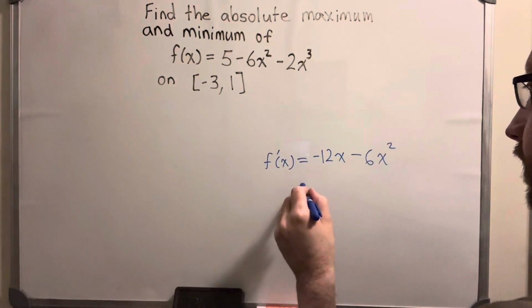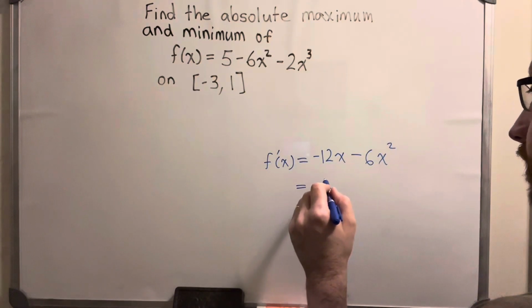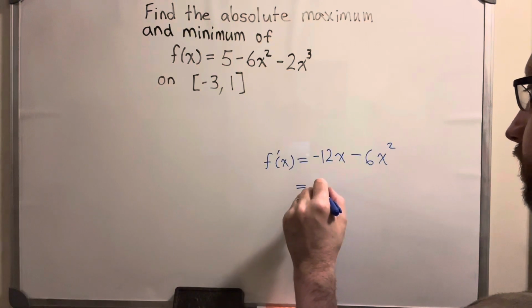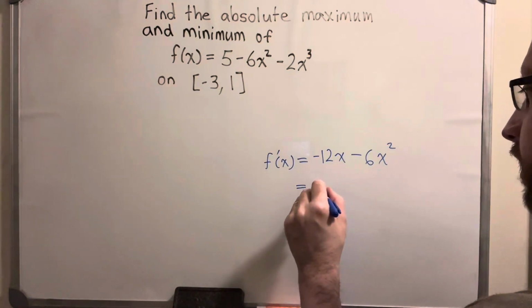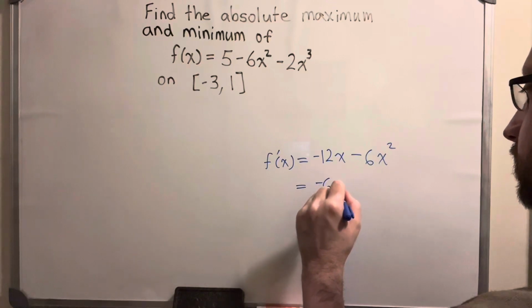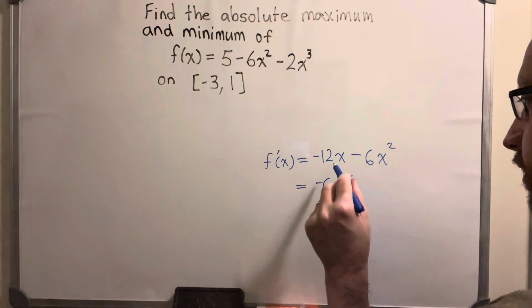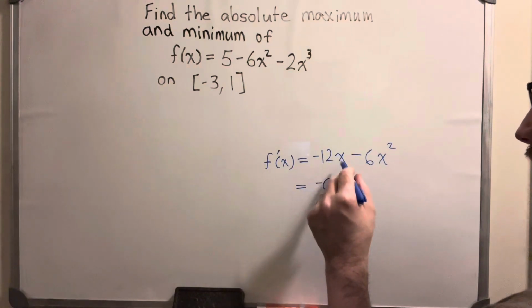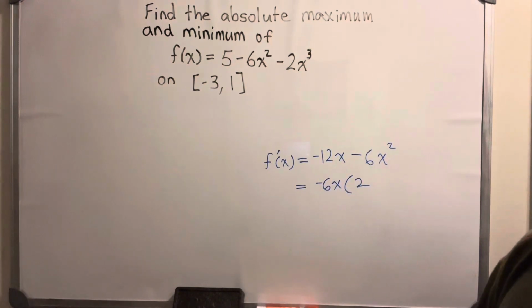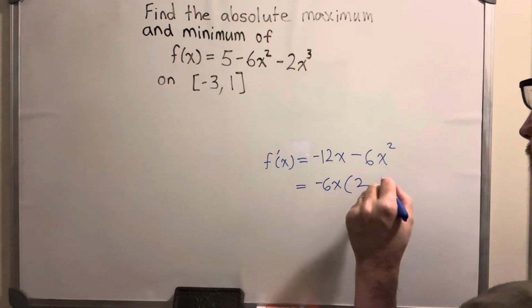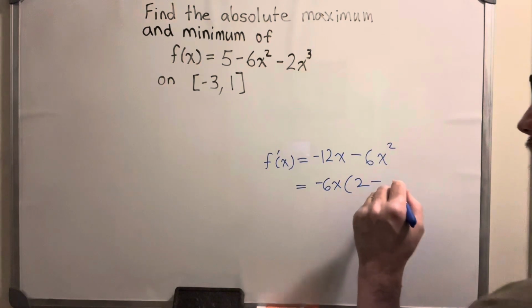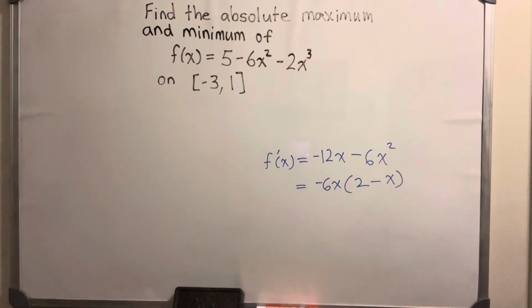Let's simplify it. We're going to factor out an x. We can also factor out a negative 6, because both of these are divisible by negative 6. So what leaves this? 2 minus... negative 6x times 2 plus x.